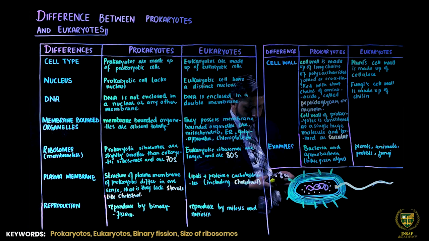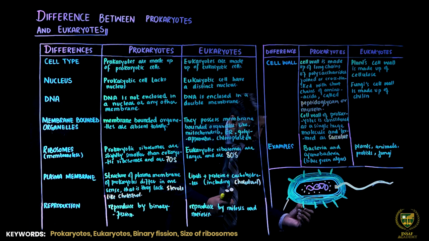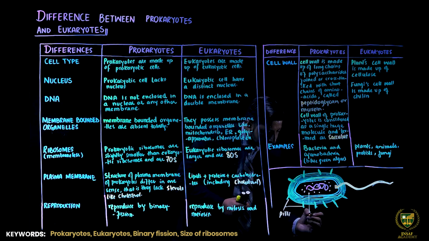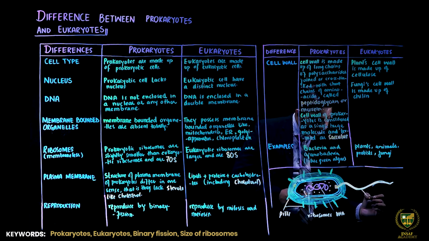villi. These structures help in conjugation. So these are villi, and these are ribosomes. Clear? And this is DNA. And flagellum. Okay. And the capsule and the cell wall.